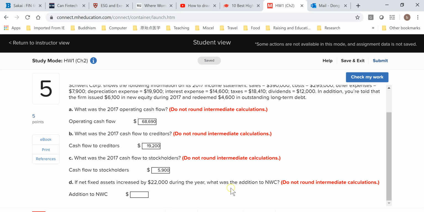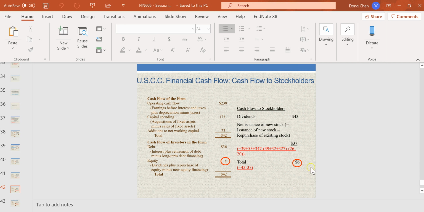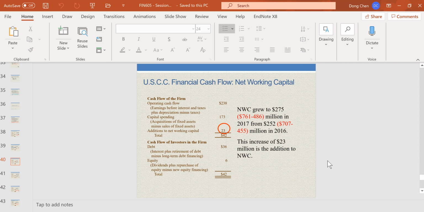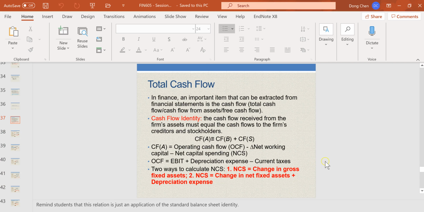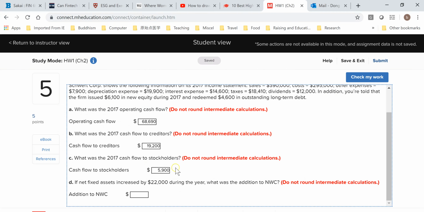And then we further know that if you go back to my slides again, the cash flow from assets, what we said earlier about the total cash flow, is basically operating cash flow minus the change in net working capital. So you see that the question is about what is the addition to net working capital. So that's the change in net working capital.